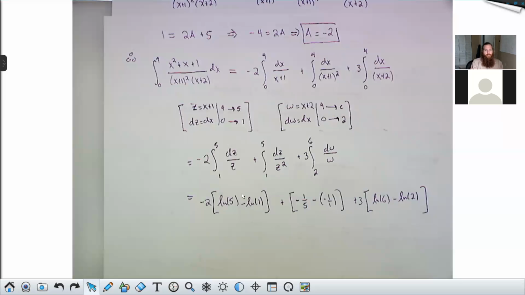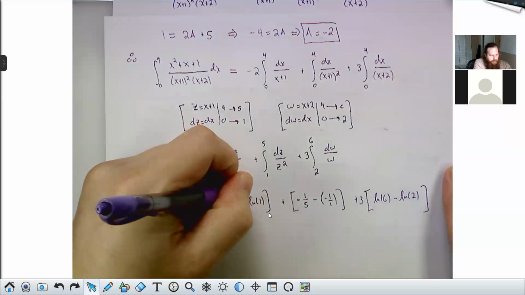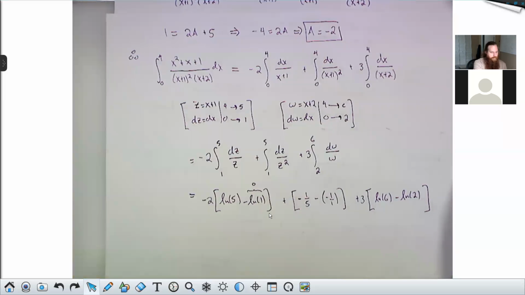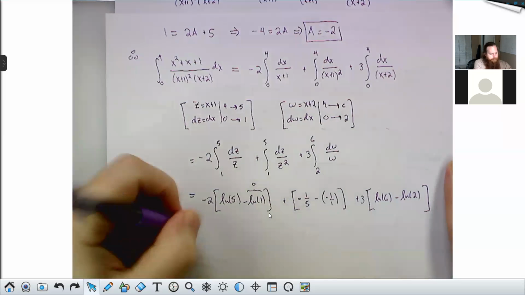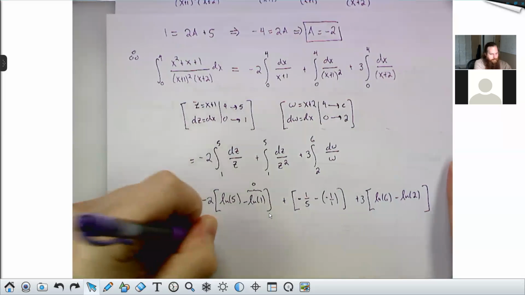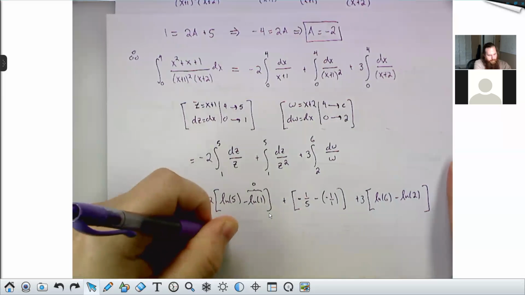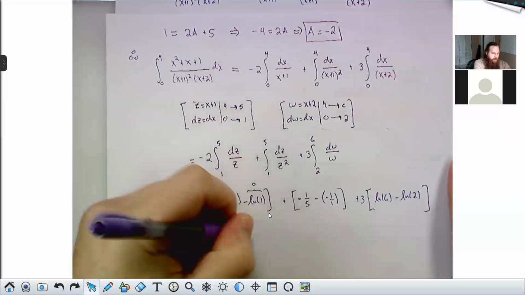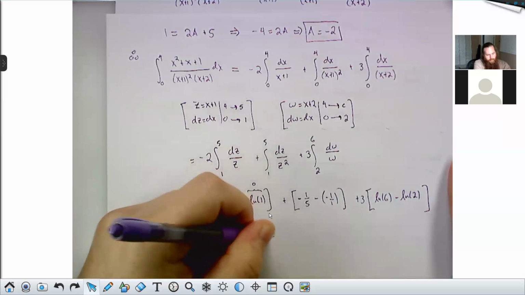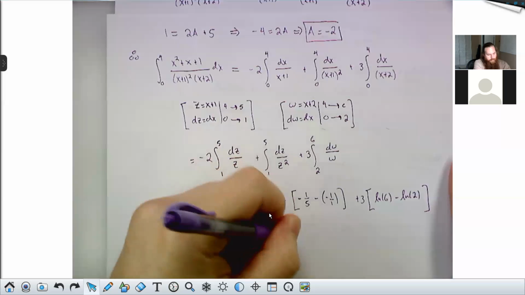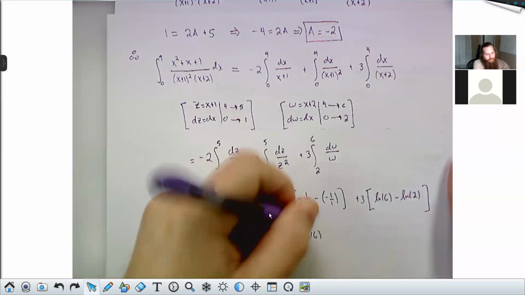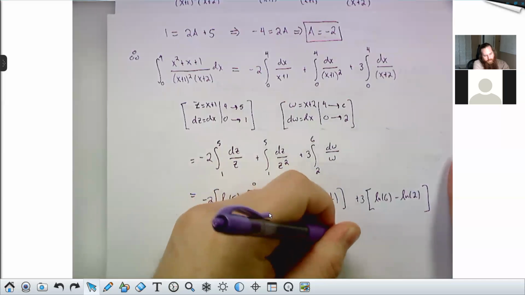Not much else to do here, lads and ladies. This is 0, the natural log of 1. We know that. We can combine some other like terms if we wanted to. This is 1 minus 1/5. And this is 3 ln 6 minus 3 ln 2.